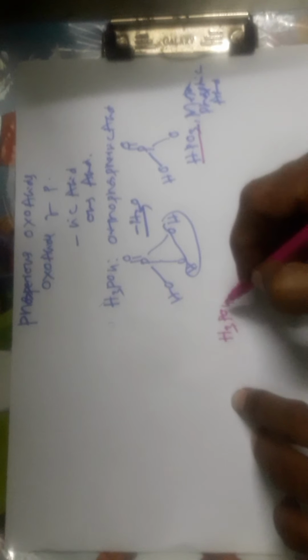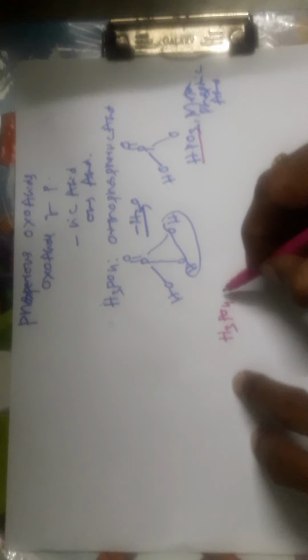Again I am going to take H3PO4, orthophosphoric acid. You know the structure of orthophosphoric acid: P double bond O, simple, HO. If I take 2 moles of orthophosphoric acid, what happened?